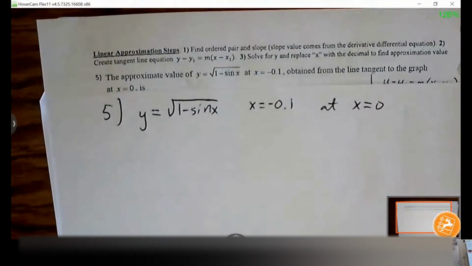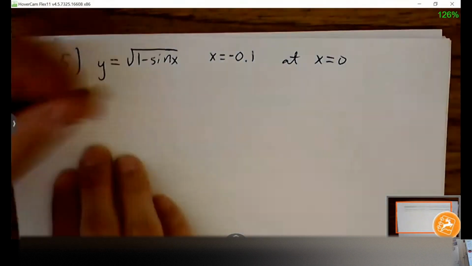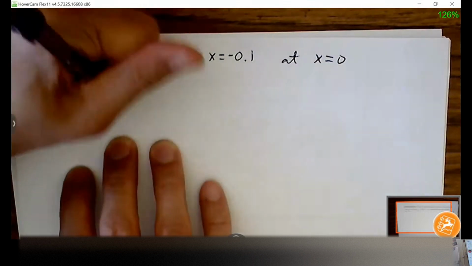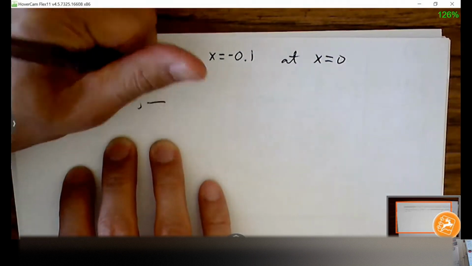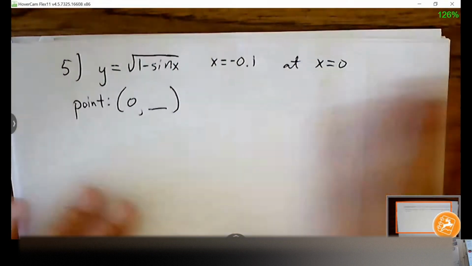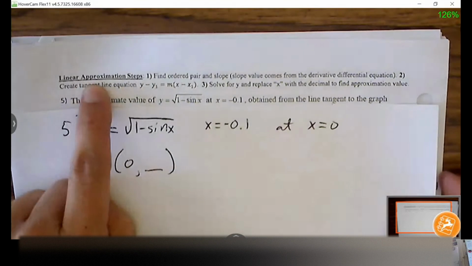Okay, first things first, we want to find the ordered pair. So I know my ordered pair has an x value of 0, but I don't know the y value. Why do you use 0 and not negative 0.01? The negative 0.01 is for the approximation step.